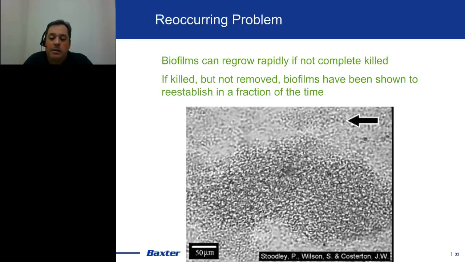So they took a clean surface, they grew a biofilm on it, they timed how long it took for that to grow, they inactivated the microorganisms involved but didn't remove them, put some more microorganisms in and looked at the time for the biofilm to reestablish. And in their study, they showed roughly 1/10 the time to reestablish the biofilm as it took to originally grow it.